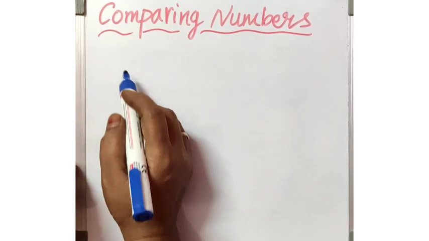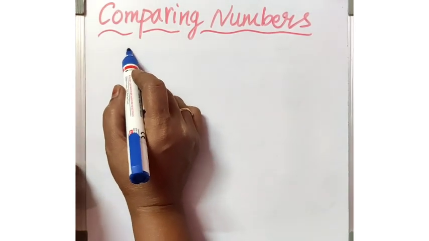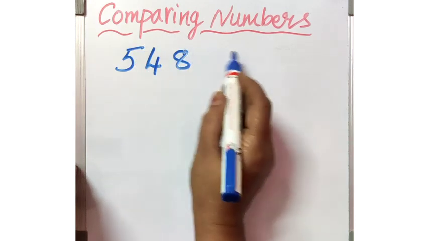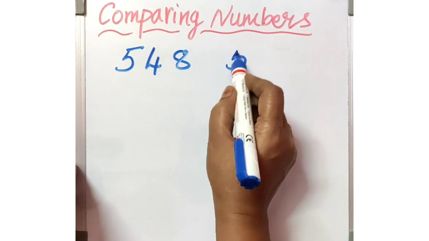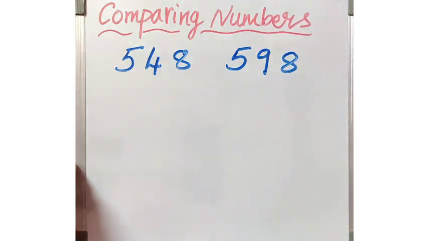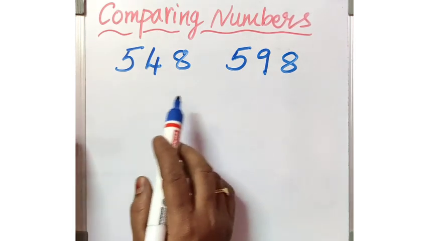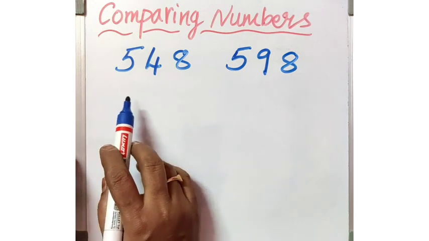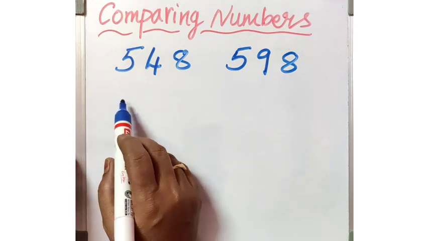Now let us take one more example, 548 and 598. Now let us compare these two numbers. Both are 3-digit numbers. In a 3-digit number, we have to compare the hundreds place first.